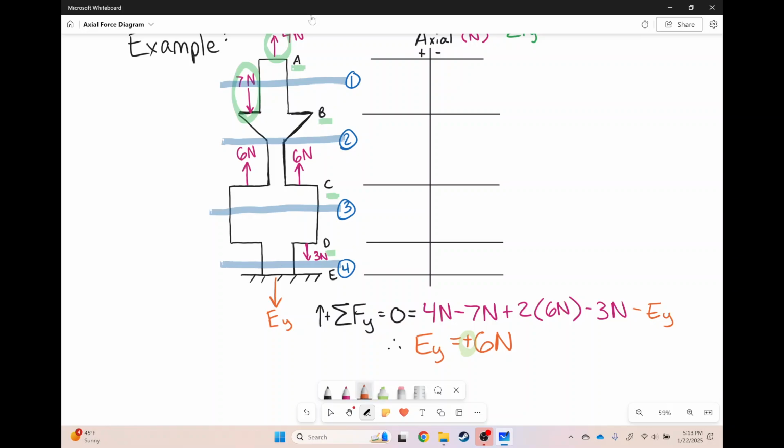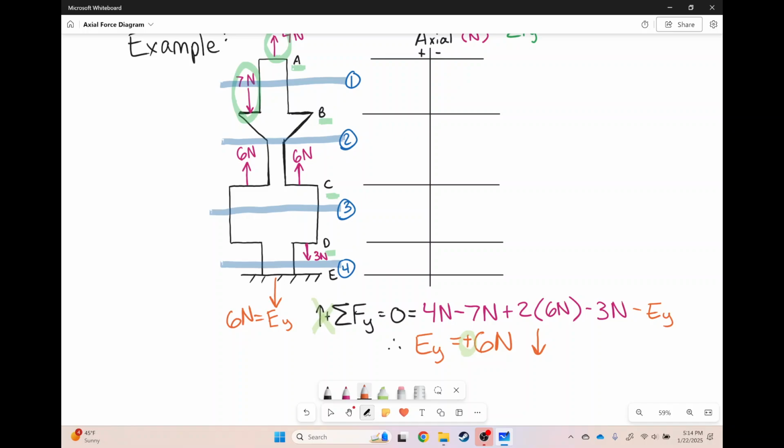So it does actually mean that this is 6 newtons going down. It has nothing to do with the direction that you assume positive for the equation. It has everything to do with the direction that you currently drew the arrow. That's all. So it is positive 6 newtons, which does mean that this is 6 newtons going down. So we can come over here and just put 6 newtons on our beautiful diagram.